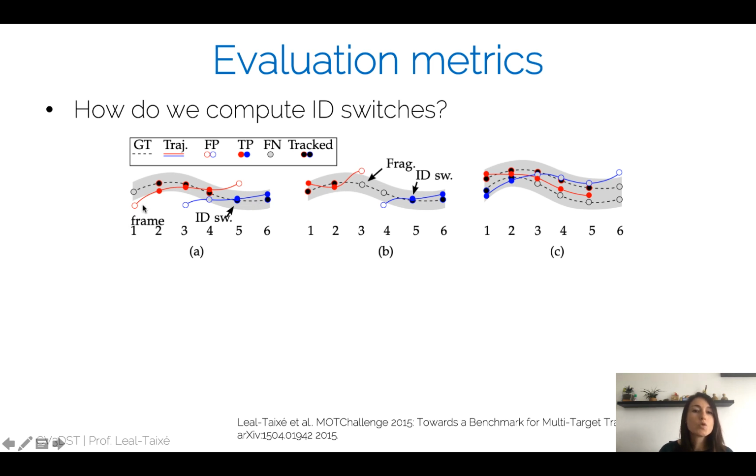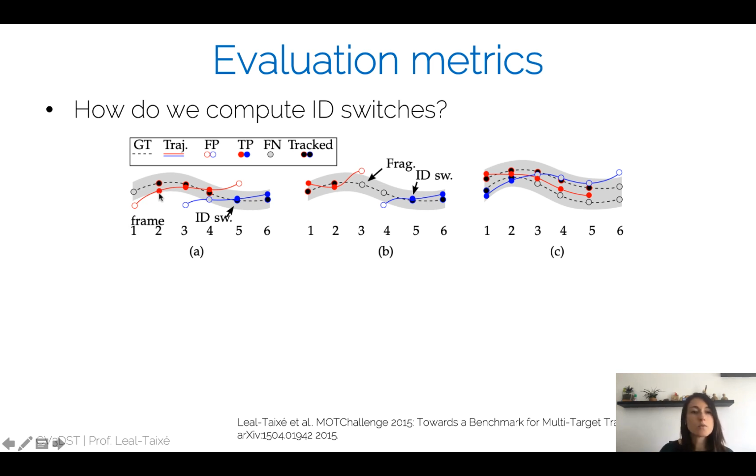And then we have two trajectories predicted by our algorithm: the red trajectory and the blue trajectory. Now, on a frame-by-frame basis, we're going to match detections with our Hungarian algorithm. So we're going to match our predictions with our ground truth. And here in gray, we depict the threshold. If a prediction falls within this threshold, then it's considered to be a match.